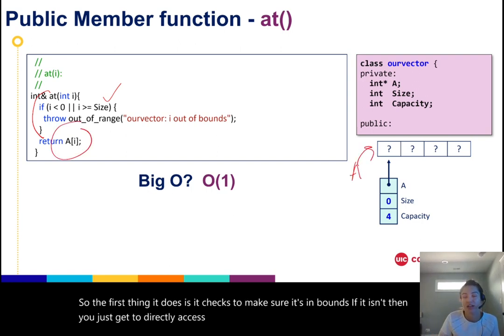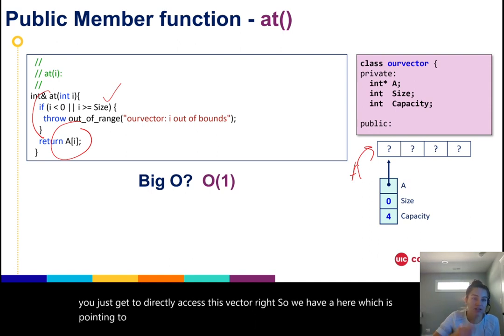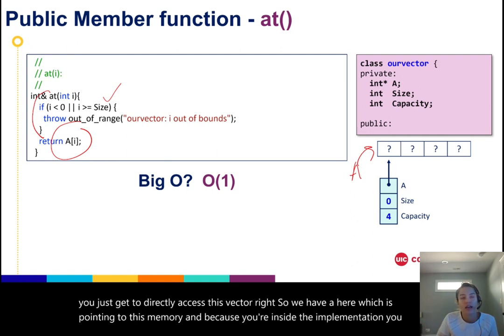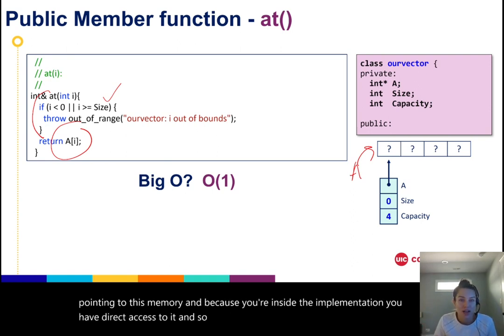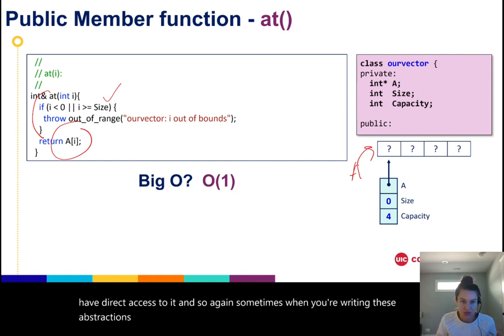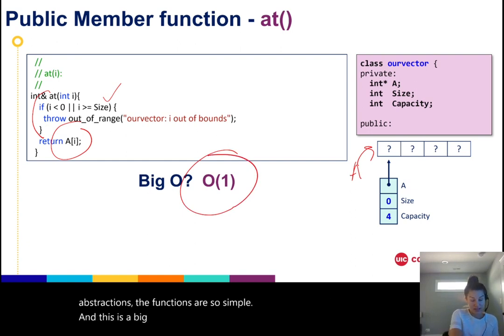So we have A here, which is pointing to this memory, and because you're inside the implementation, you have direct access to it. And again, sometimes when you're writing these abstractions, the functions are so simple. And this is O(1) because that's the advantage of using arrays.